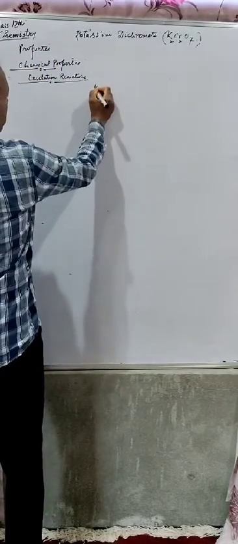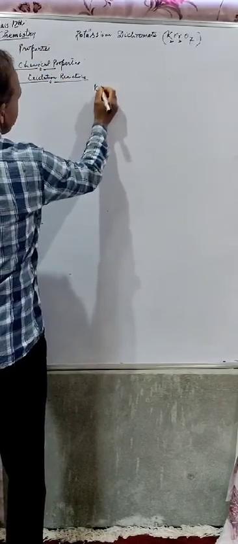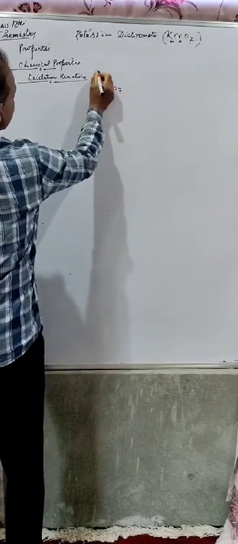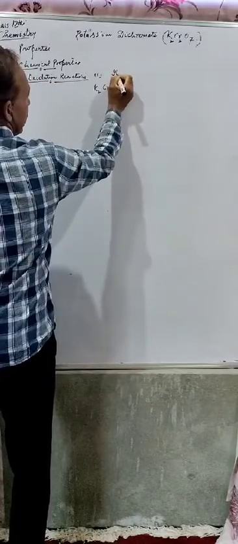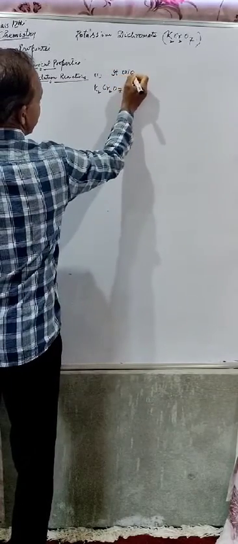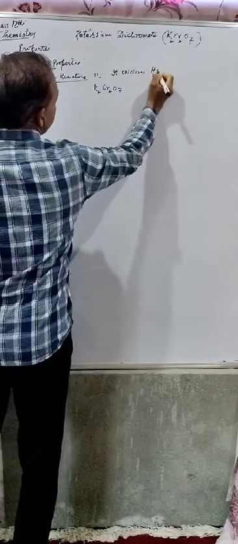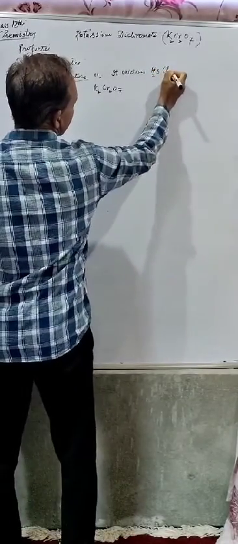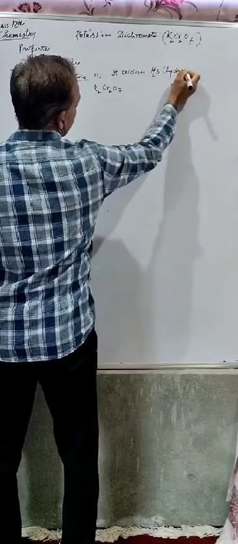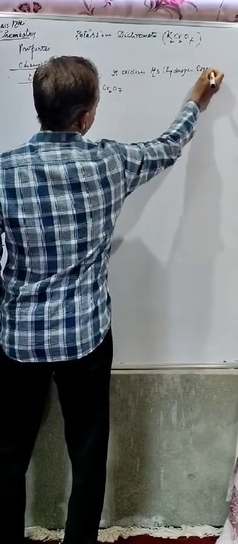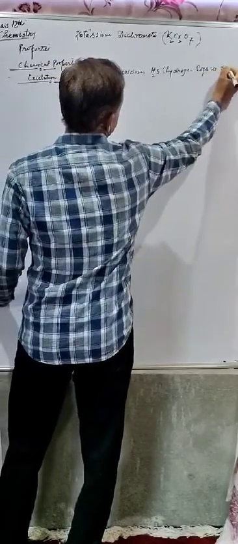Now, potassium dichromate, our first reaction, it oxidizes hydrogen sulfide to sulfur.